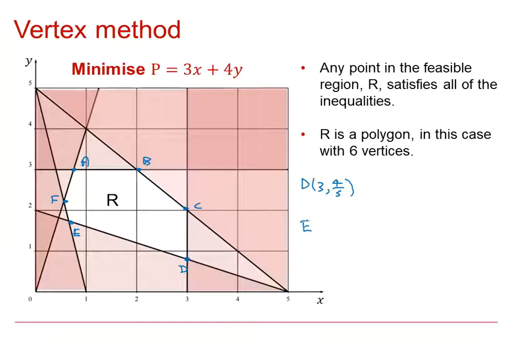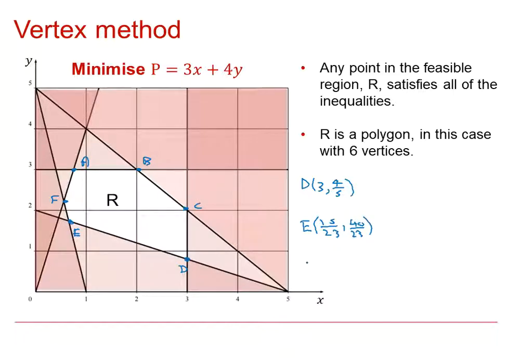E is a little bit trickier to find. I would need to get the equality version of these two constraints and solve them simultaneously, and I would get E is (15/23, 40/23).